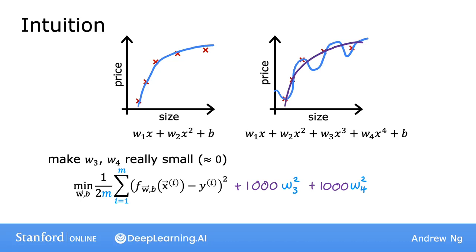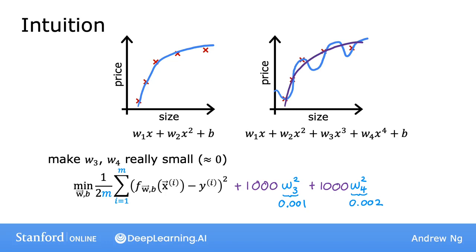Because if you want to minimize this function, the only way to make this new cost function small is if w3 and w4 are both small, right? Because otherwise, these 1000 times w3 squared and 1000 times w4 squared terms are going to be really big.